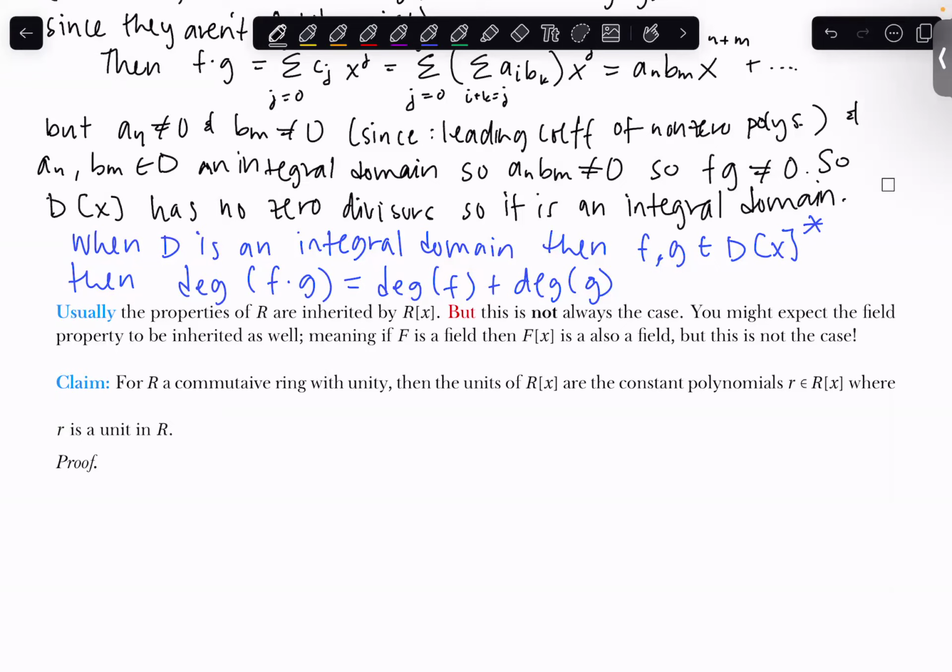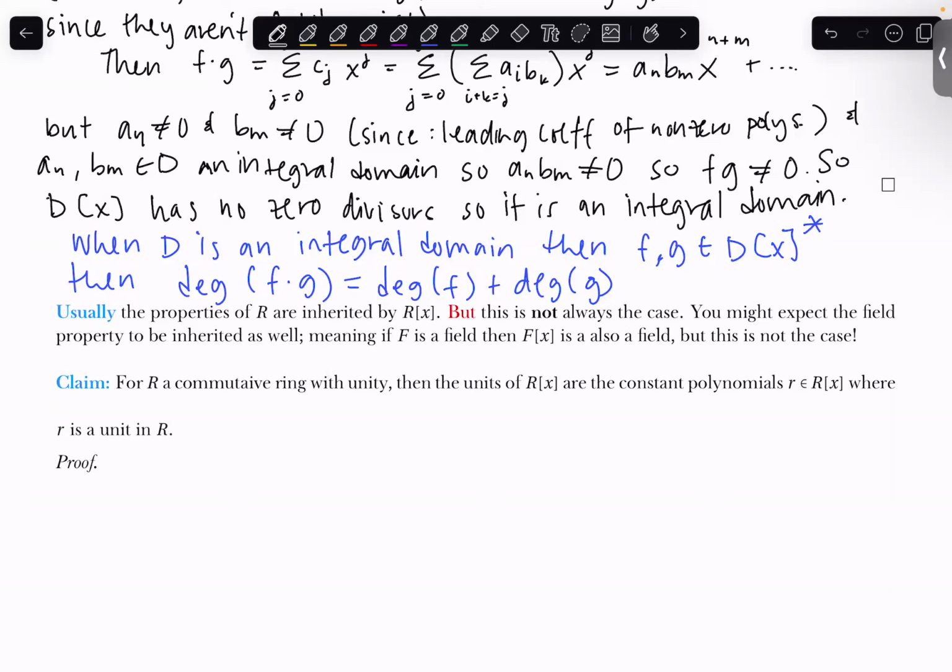So if it was a field, that would be all my constant polynomials except for 0 would be units, but nothing else would be. All the other polynomials that I have, if I have an x, so not a constant, are not going to give me back units inside of my ring here, right? So this is kind of the most general form that we can say this. We can decide exactly what the units are going to be.